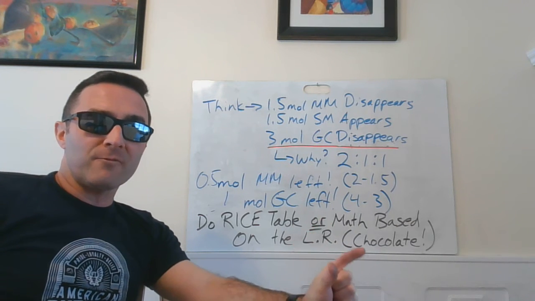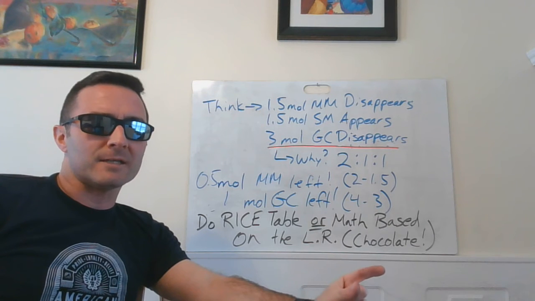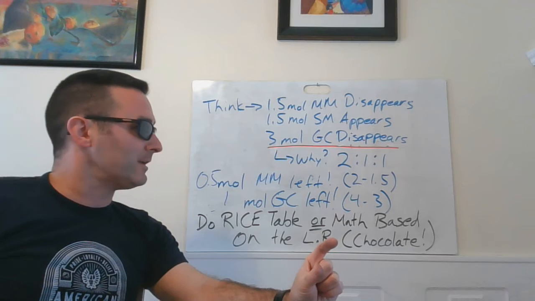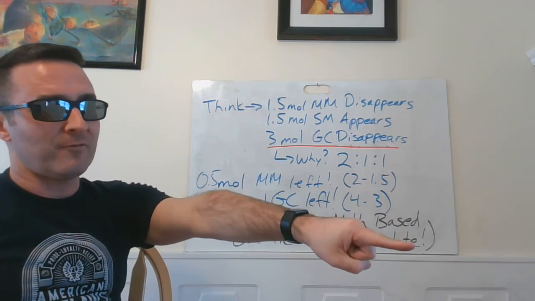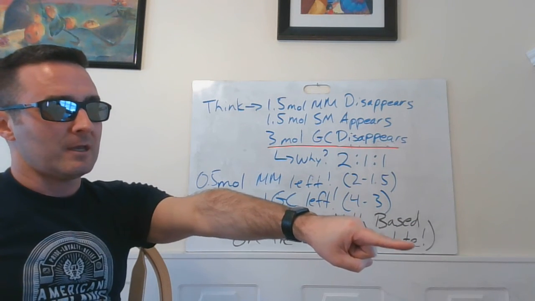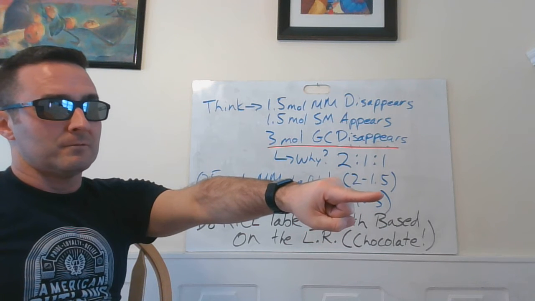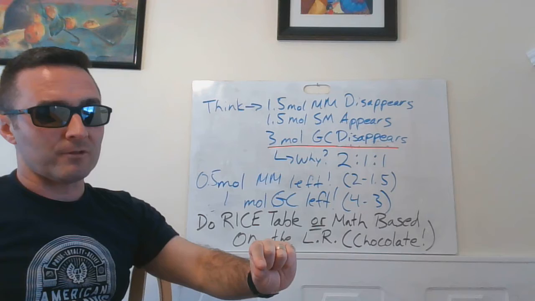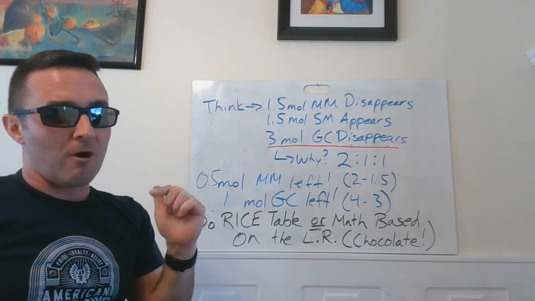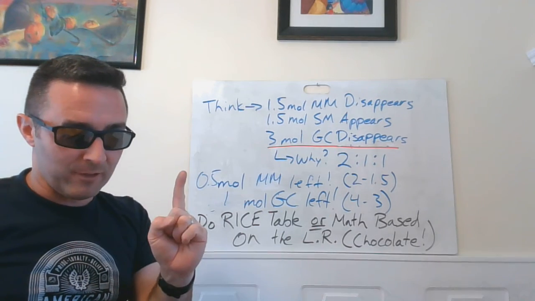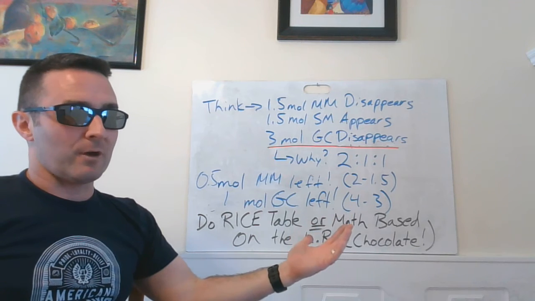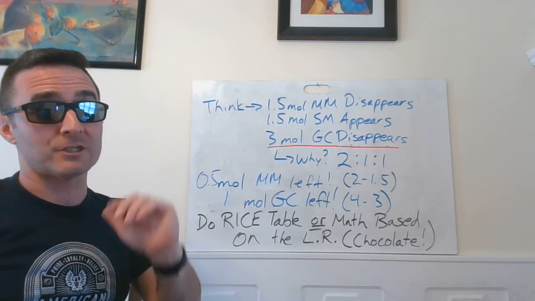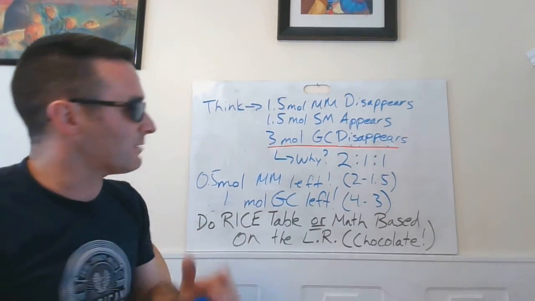If you identify your limiting reactant ahead of time, you don't have to do the math for each ingredient. By comparing moles, you'd have identified the least amount of chocolate. I only need to do all that complicated math for one thing. So I don't have to show that again for this one. We'll do it again for another real reaction. Let's do a rice table and see what that looks like.